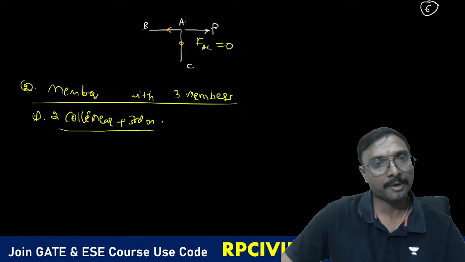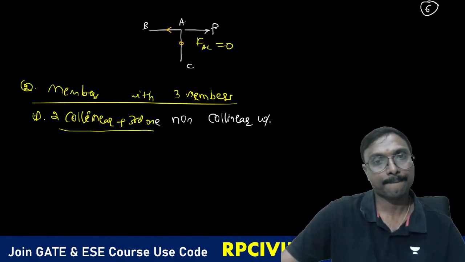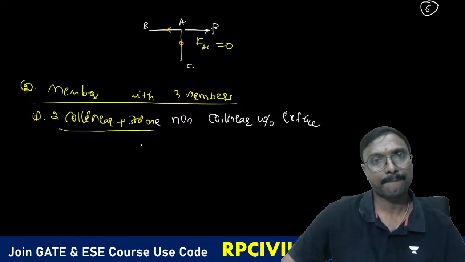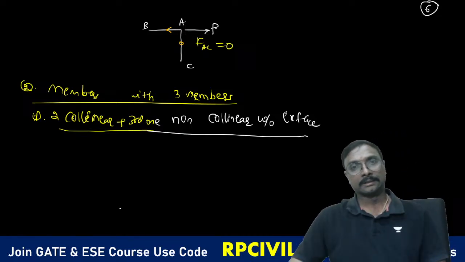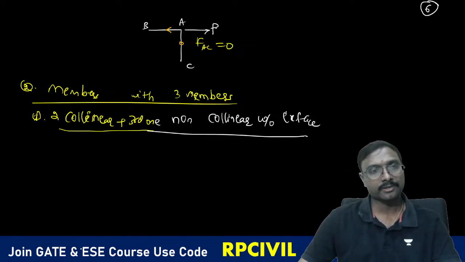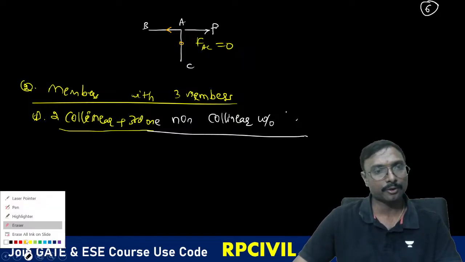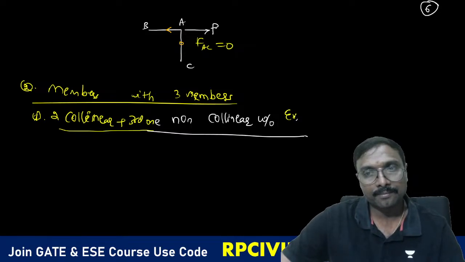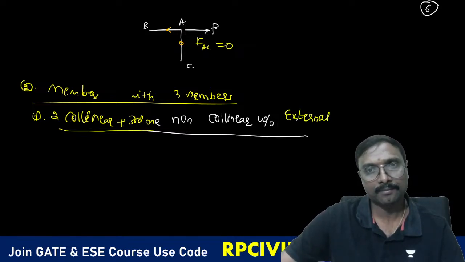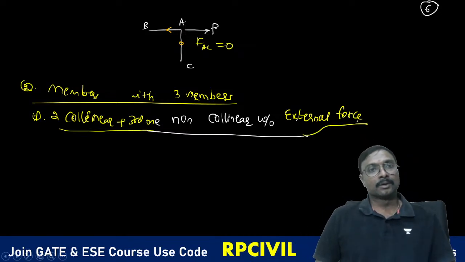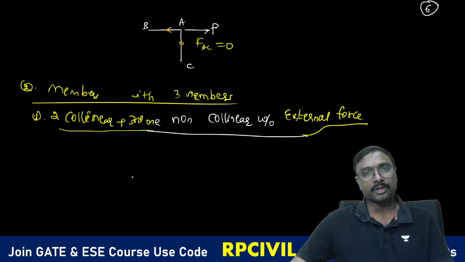So two collinear plus the third one non-collinear. Right, without external force, right? External force is not there, right? So external force is present or external force is not present, you can say. Two collinear plus the third one non-collinear without external force, right?